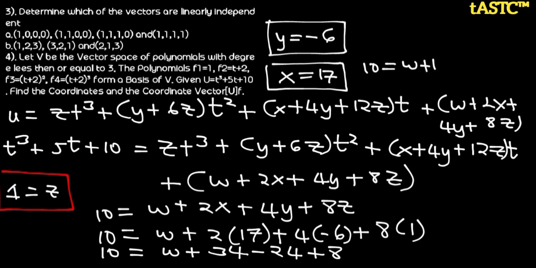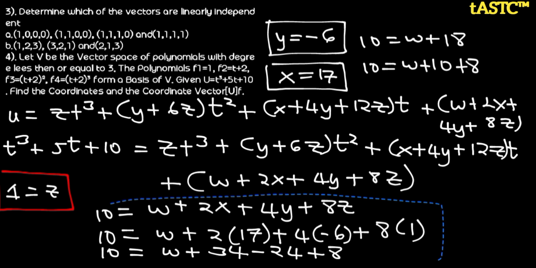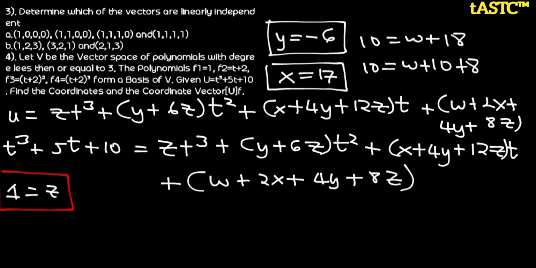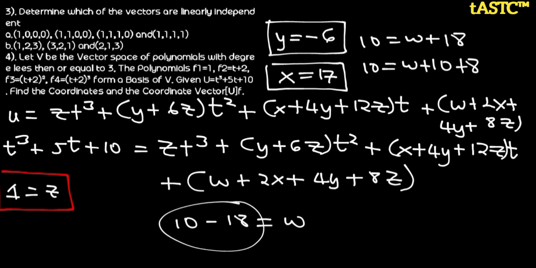So this is going to be 10 plus 8, which gives us 18. So we have 10 is equal to w plus 18. Now if you took 18 to the other side, that will be 10 minus 18, and this is equal to w. 10 minus 18 is going to give us negative 8. So that is w.